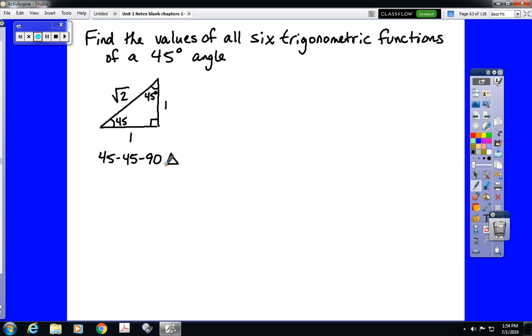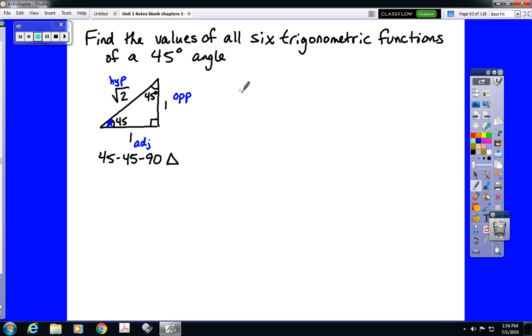What we are going to do is use what we know about trig functions to run SOHCAHTOA on this 45 degree angle. So 1 is going to be our opposite, 1 will also be our adjacent, and our hypotenuse will be the square root of 2.